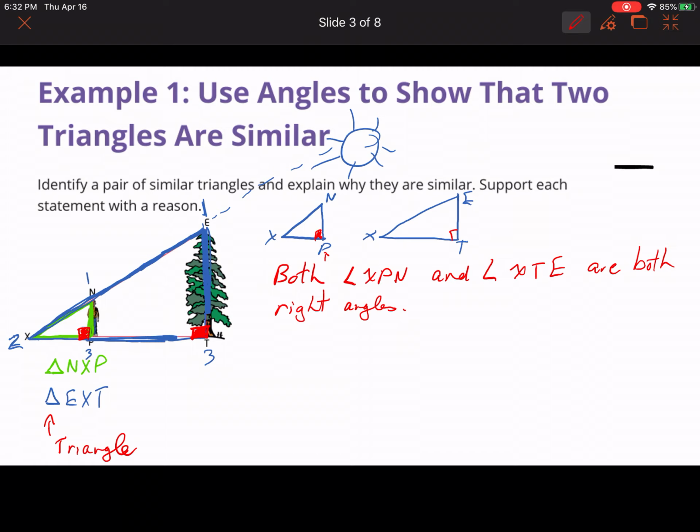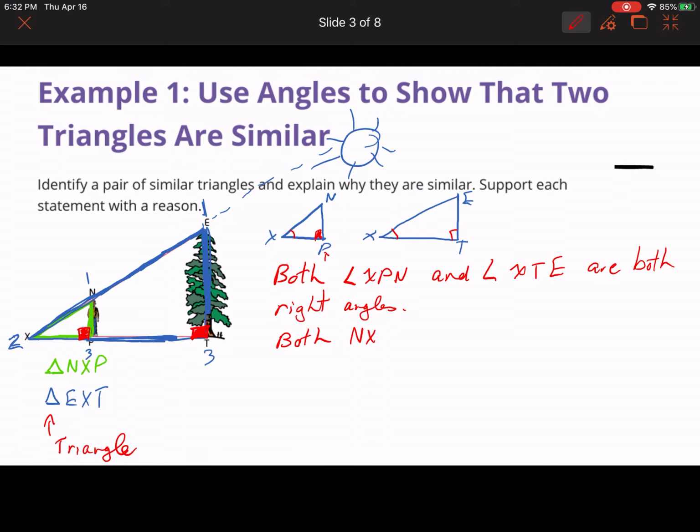Now we don't know what any of the other angles are, but we know that X is the same angle because it's the same triangle point. So either way, you can call it PXN or NXP, but put the X in the middle.